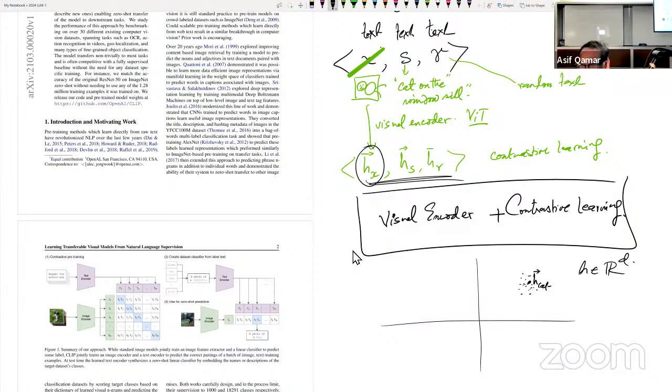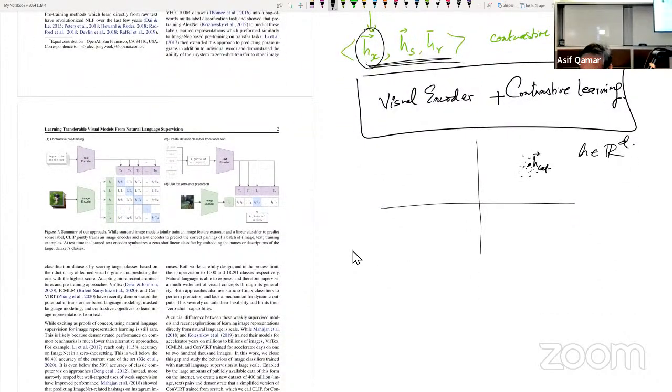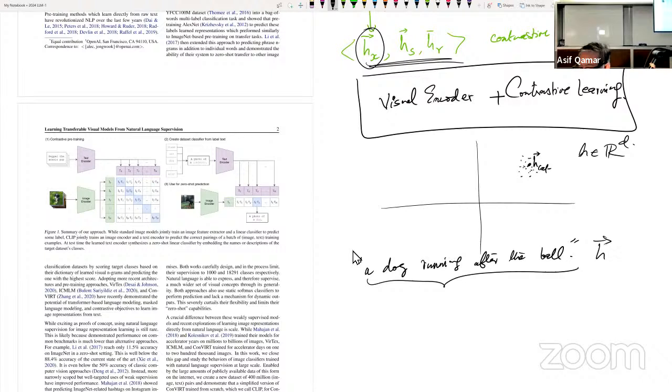Or given a query, suppose the query is a dog running after the ball. This can easily map to a vector, which if you do a similarity measure in this vector space, in the latent space, it can retrieve other vectors.